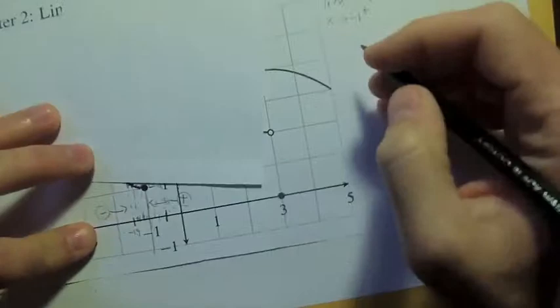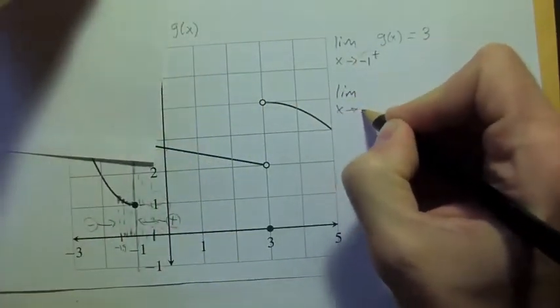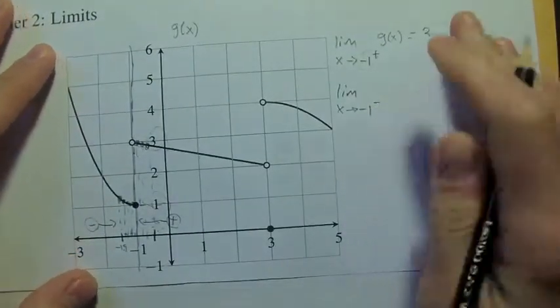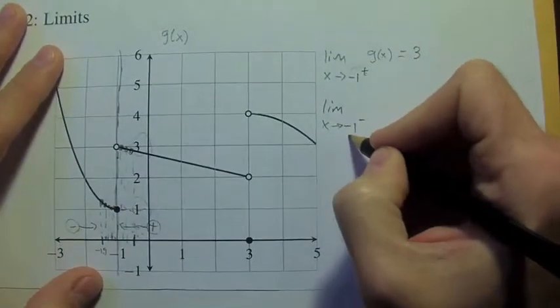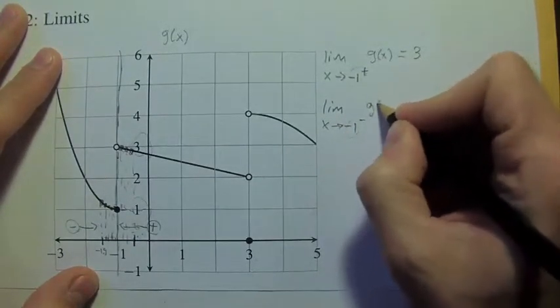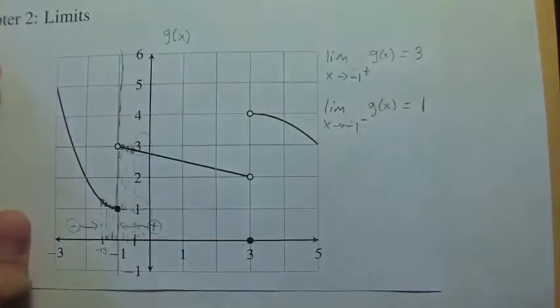Okay, so the limit, I didn't write it down, but the limit as x goes to -1 from the left, so this is from the negative side, so remember this is your number, this is your direction, so that limit is going to 1.